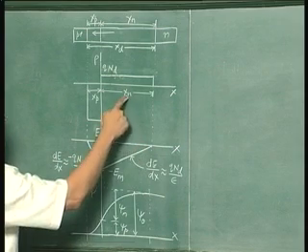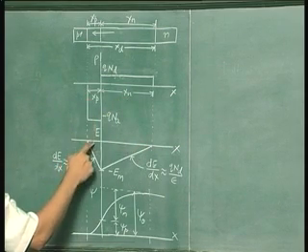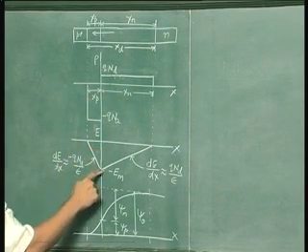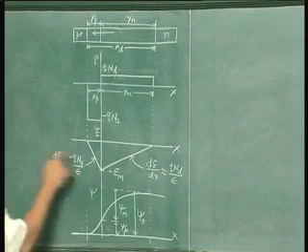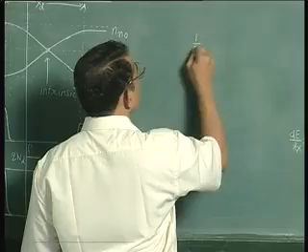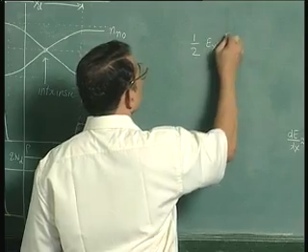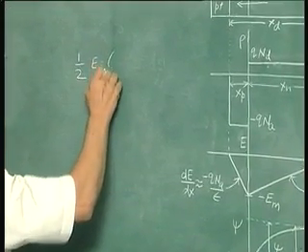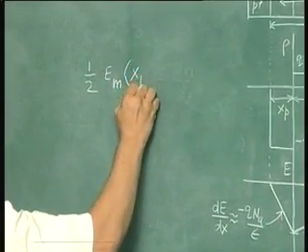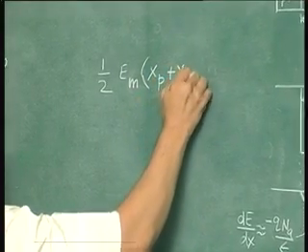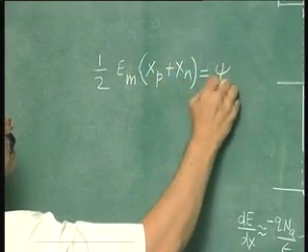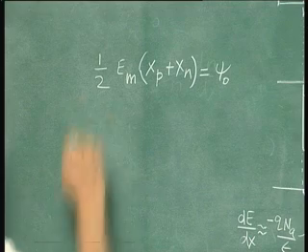This width is Xn and this width is Xp, and this is Em magnitude. So we can write the area under the electric field as half of Em into Xp plus Xn, and this is psi naught, for which we have already obtained an expression.